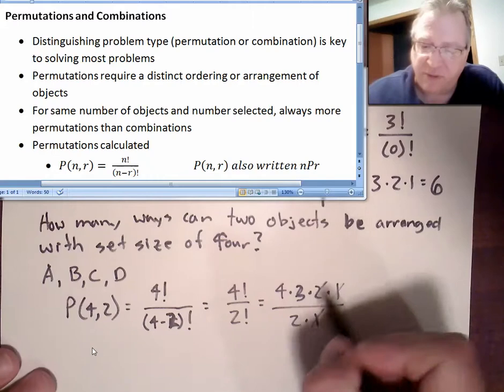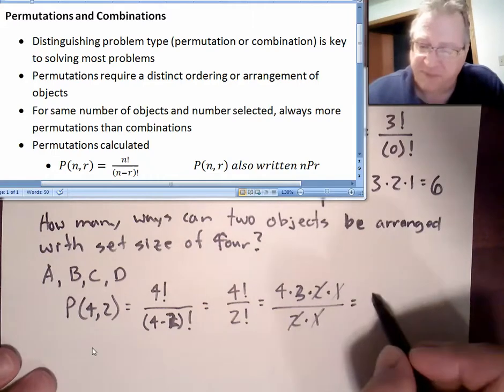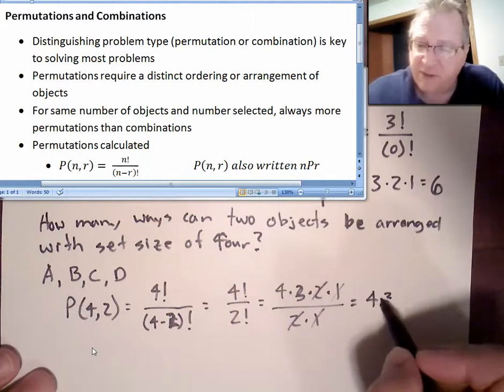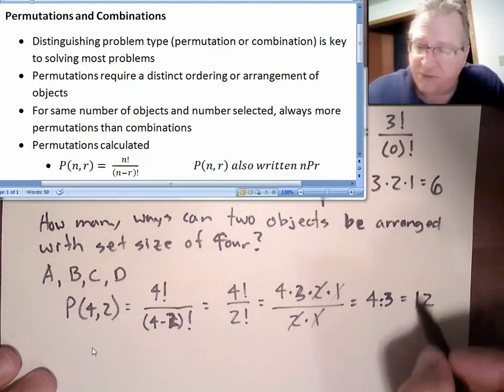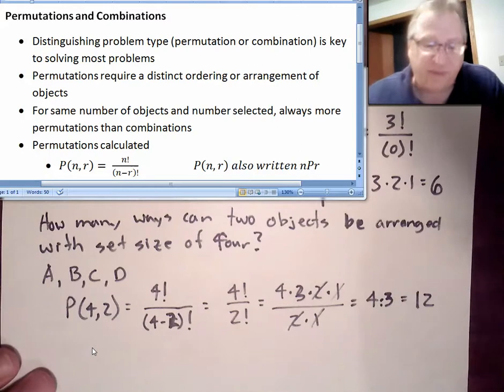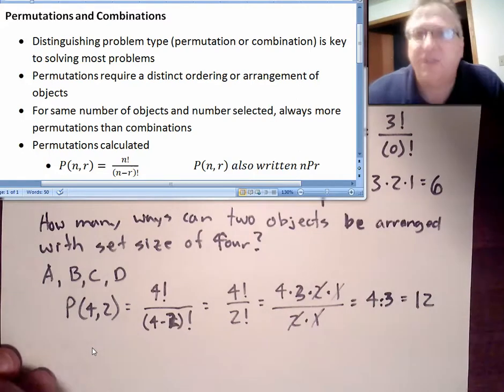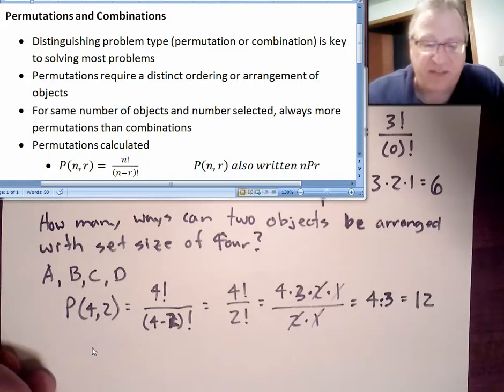So the 1's go away, the 2's go away, and we are left with 4 times 3, or 12. There are 12 different ways that 2 objects can be selected from the set of A, B, C, D. 12 ways that 2 objects can be selected from that set.